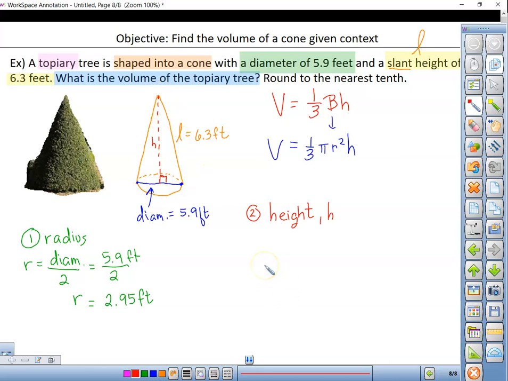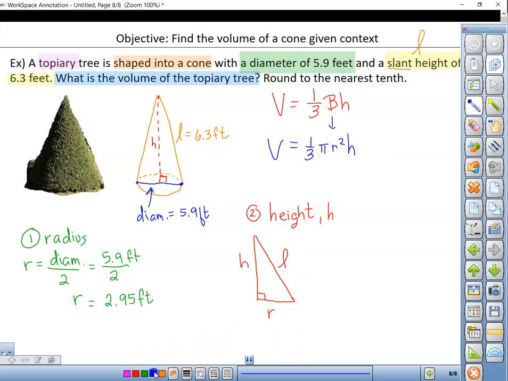So I have to realize that this leg over here, my vertical leg, that's my height h, the leg down here, the horizontal leg, that's my radius r, and then the hypotenuse of my right triangle will always be my slant height L.